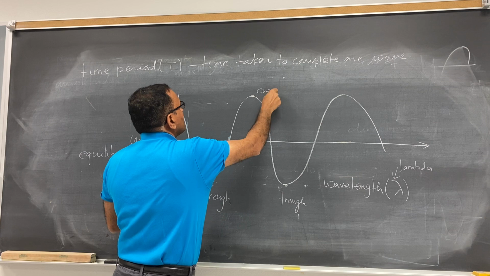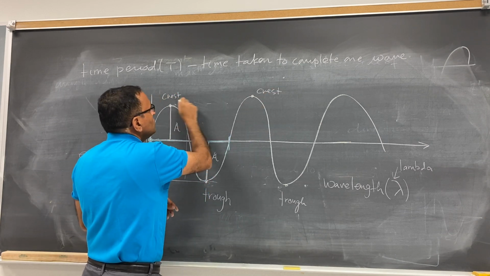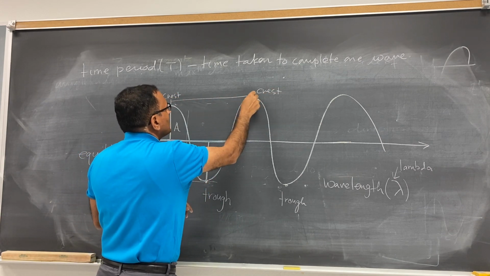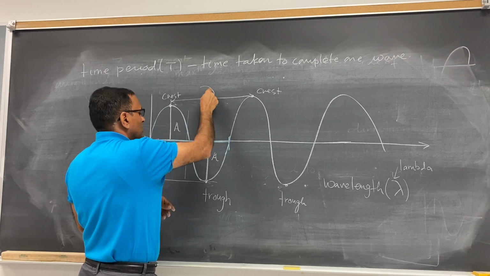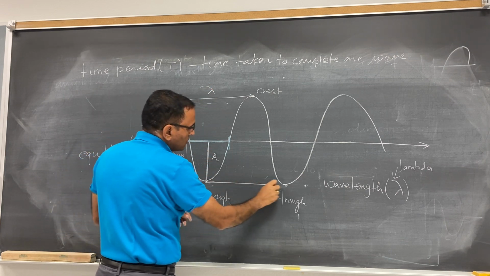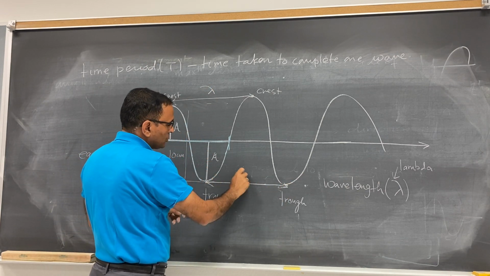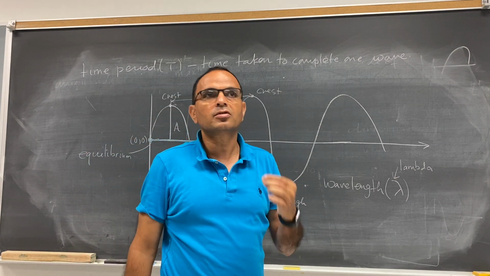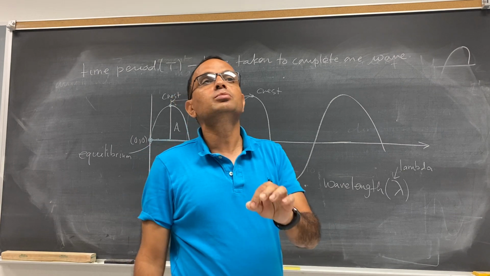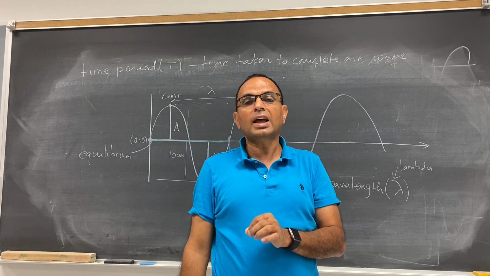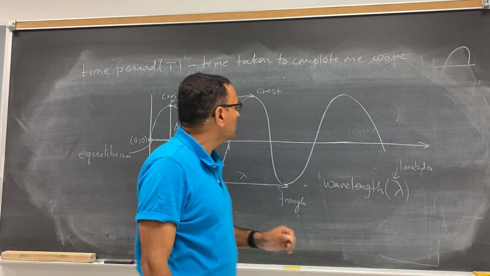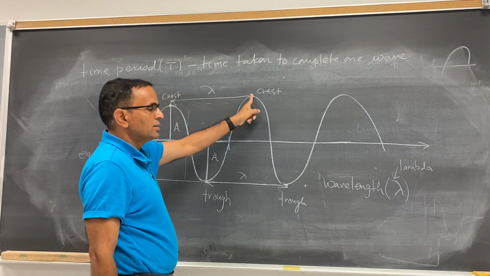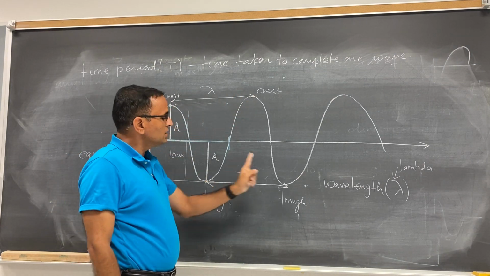Another crest. Two successive crests. This length from here to here is a wavelength. Or from here to there. This is also wavelength. So the distance between two successive crests or between two successive troughs is the wavelength lambda.